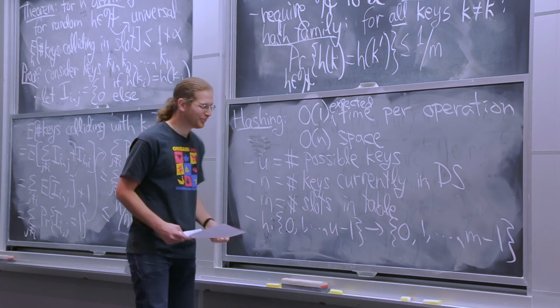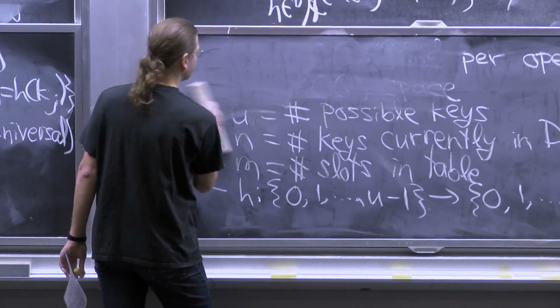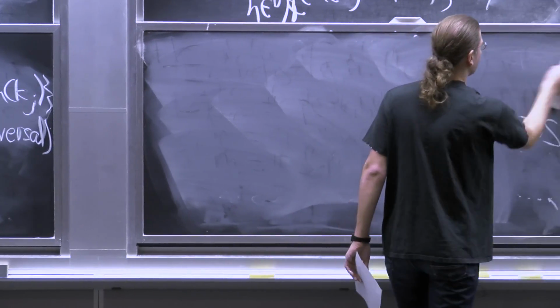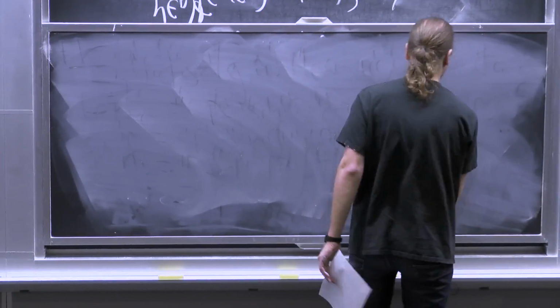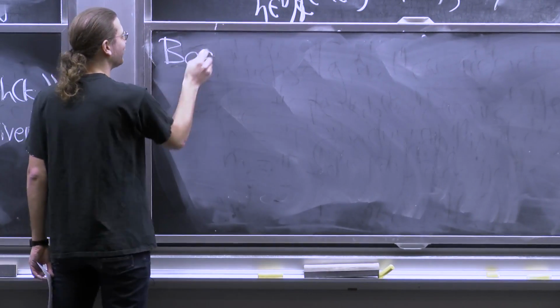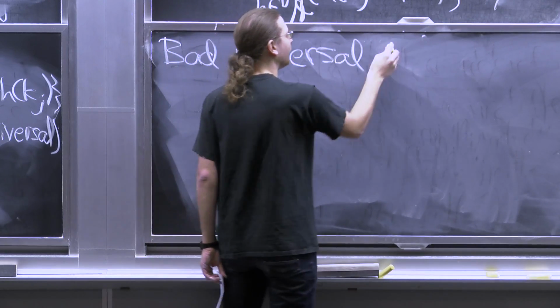Yes, as you might expect, there are. Otherwise, this wouldn't be very interesting. Let me give you an example of a bad universal hash family. Sort of an oxymoron, but it's possible.